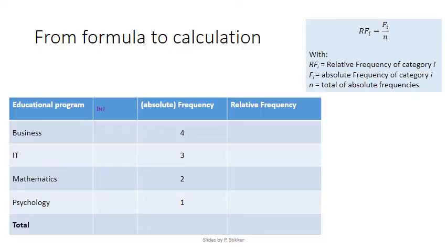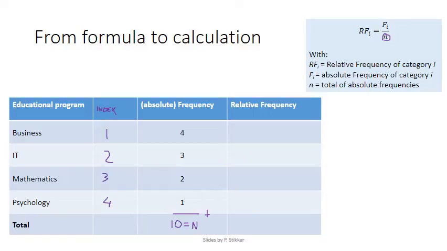So I'll write down the index numbers here, and I'll simply list them one by one: 1, 2, 3, and 4. In the formula, we often see this n coming back up, which is the total of absolute frequencies. That means to simply sum all of these up, which in this case, 4 plus 3 plus 2 plus 1, is 10. So n equals 10 every time. This is what we would call n.